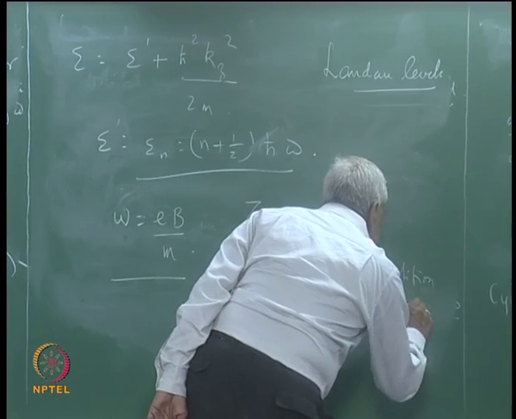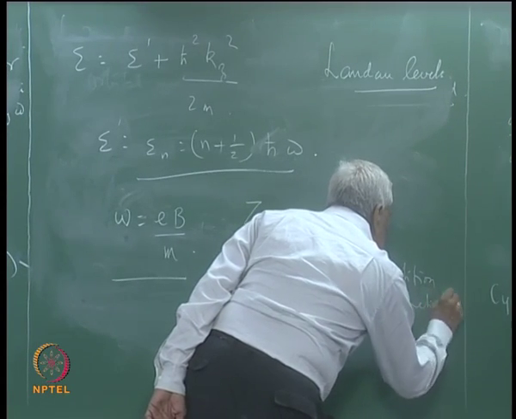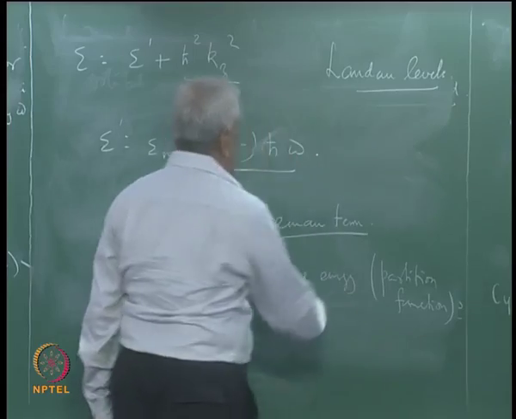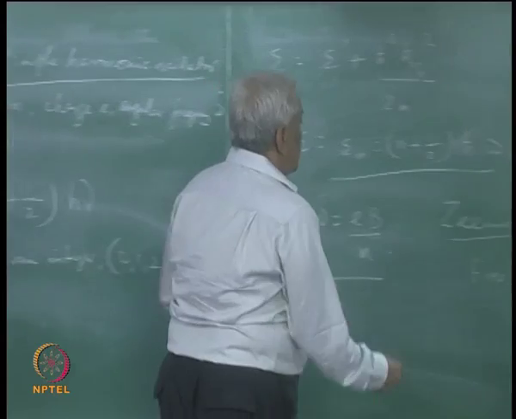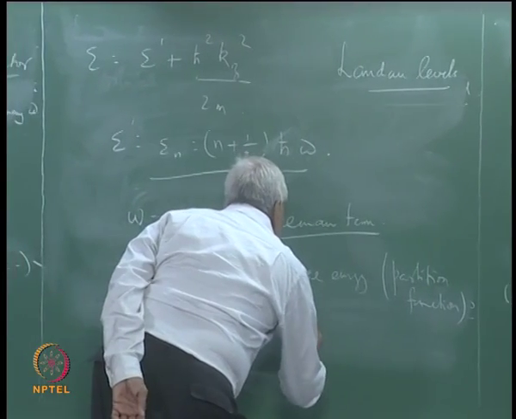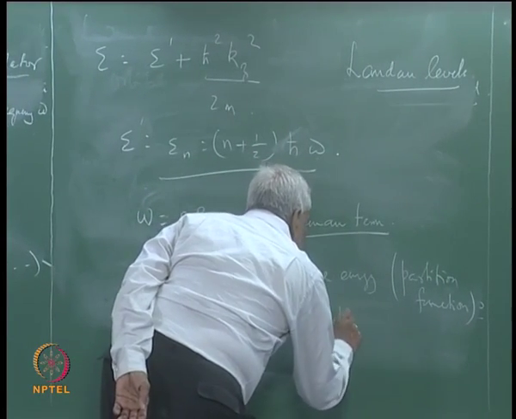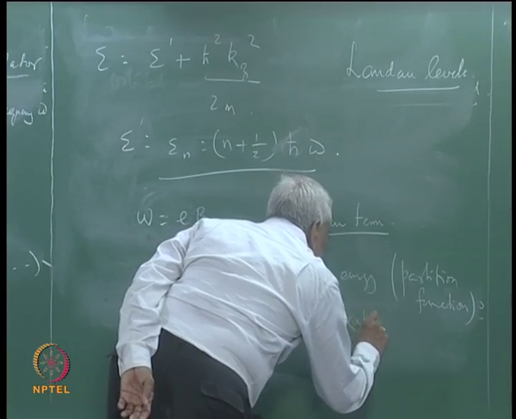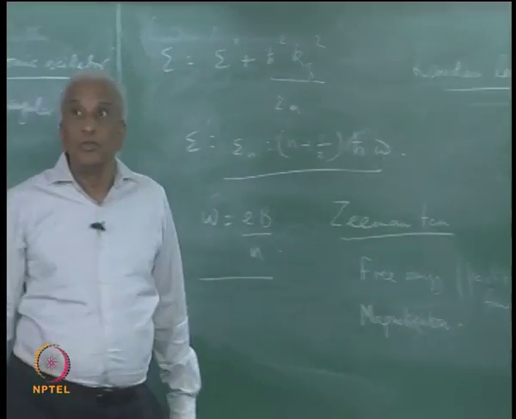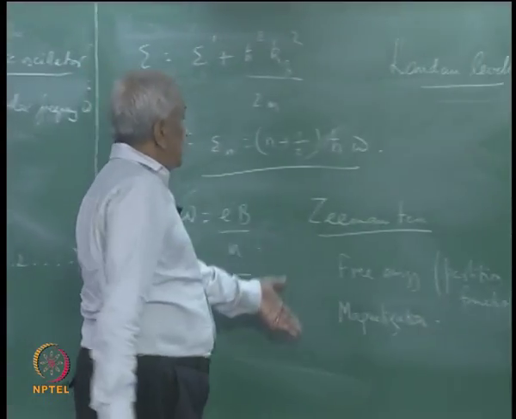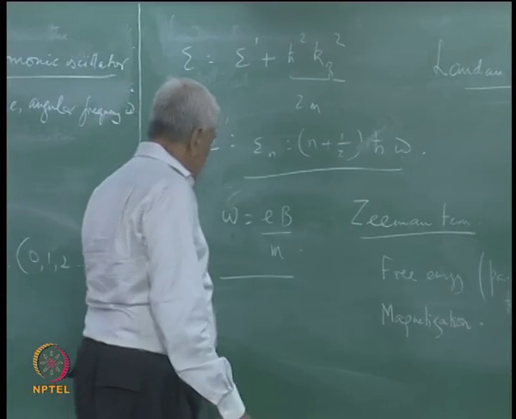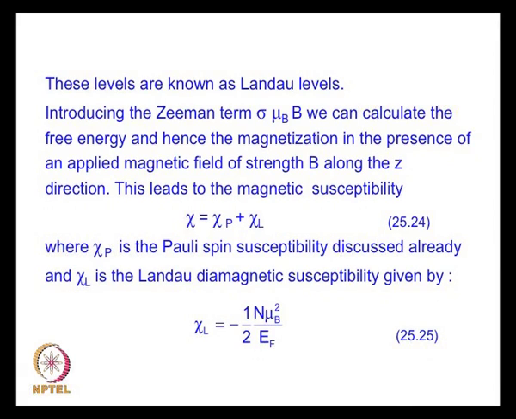Once we know the energy eigenvalues, we can write the partition function and so calculate the free energy, and then the magnetization can be calculated from the free energy as the first derivative with respect to the magnetic field. The algebra is somewhat complicated. I will not go through it here. I will simply give the result of this calculation.